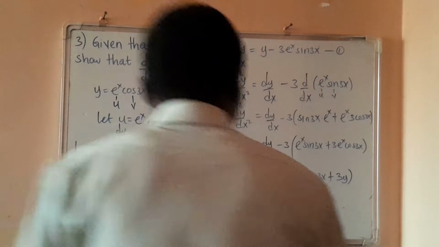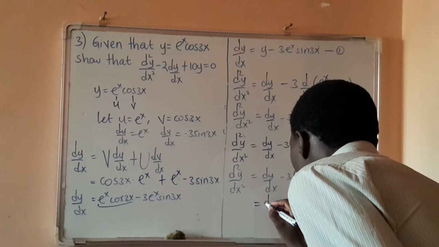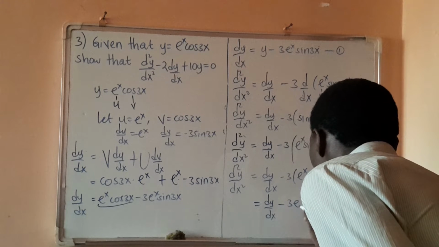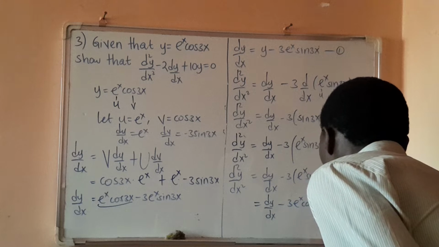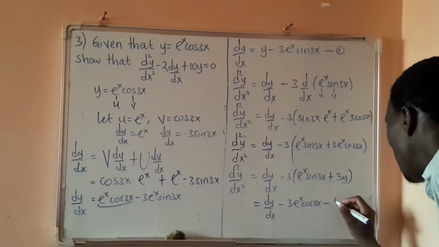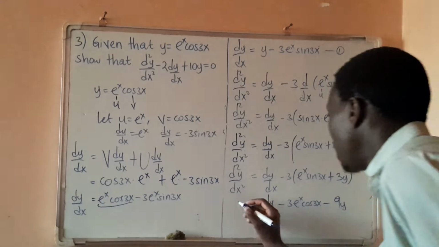Now we can expand this to obtain d squared y dx squared equals dy dx minus 3 e to the x sine 3x, then 3 times this, minus 9y.